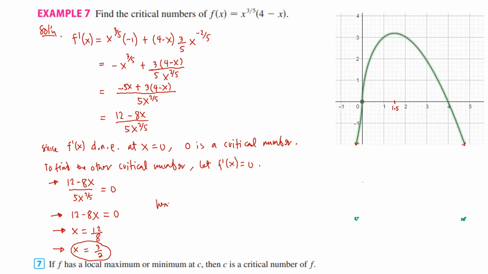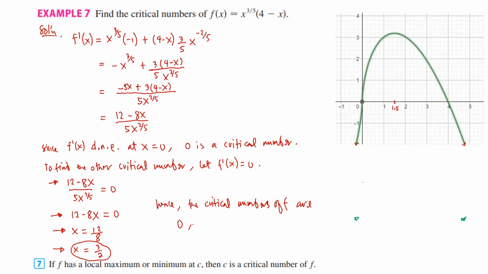So the critical numbers of f are two, no? The first one is 0, and we obtained that 0 using the condition that the derivative does not exist, okay?